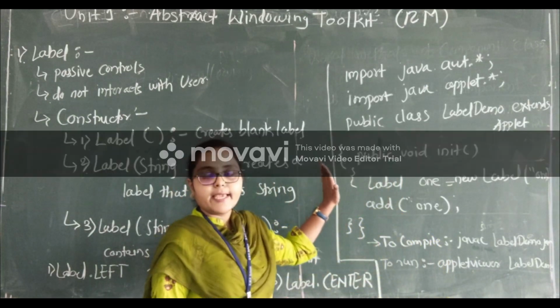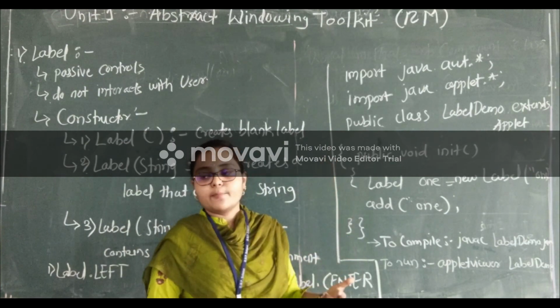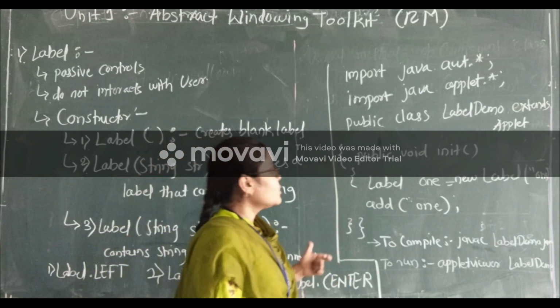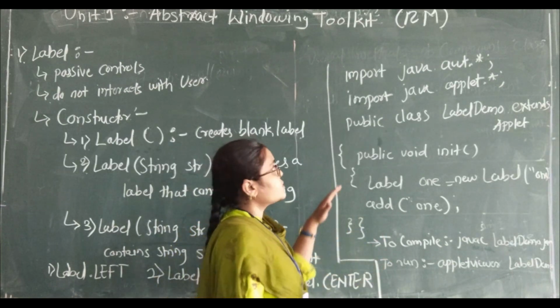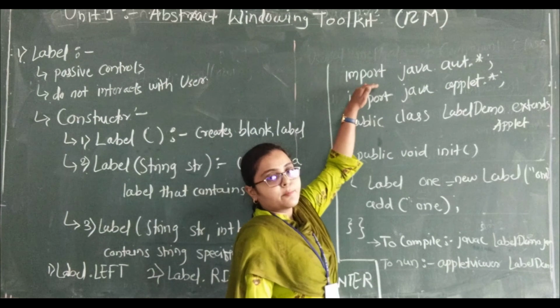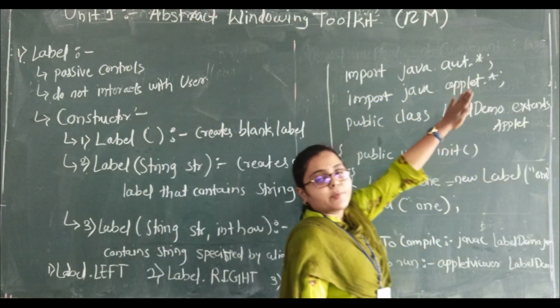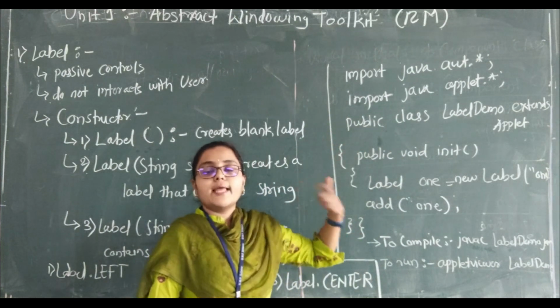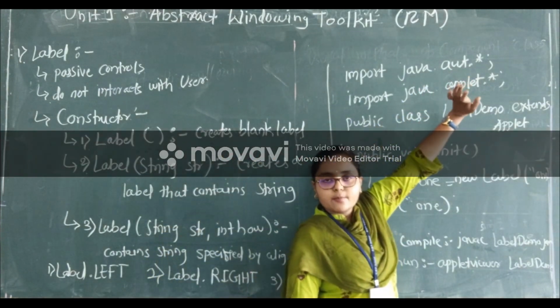So here is an example which tells how to define a label and how to add it on your window or container. First, import java.awt.*, because all the visual elements are defined in the package called AWT.